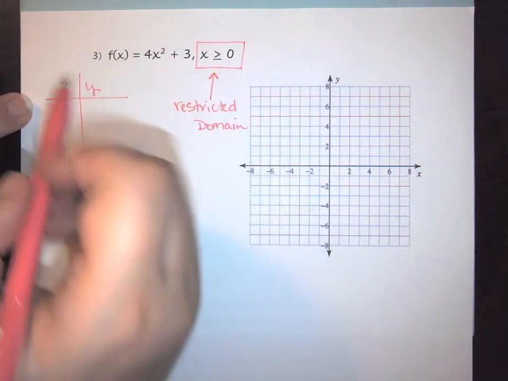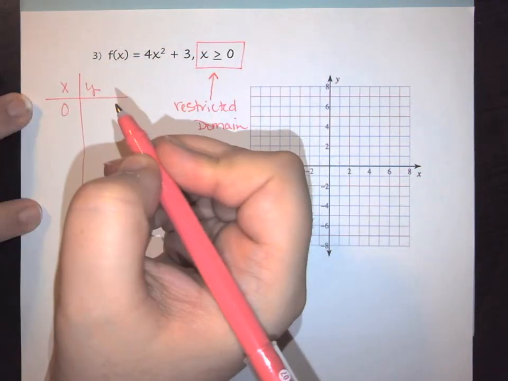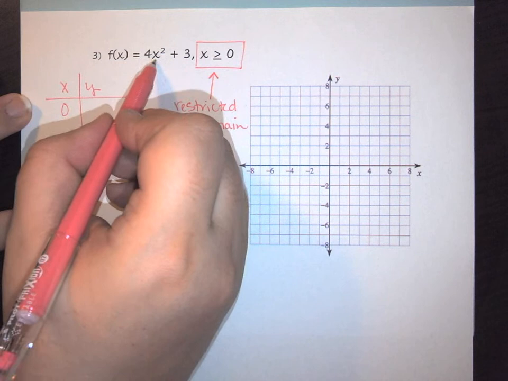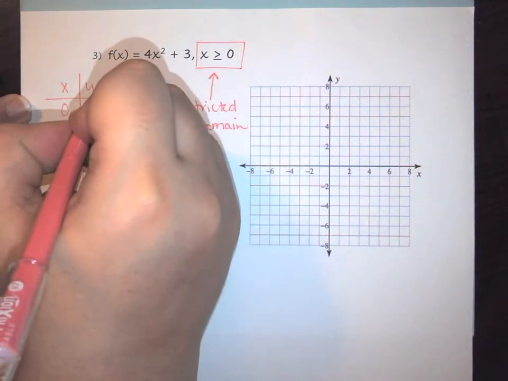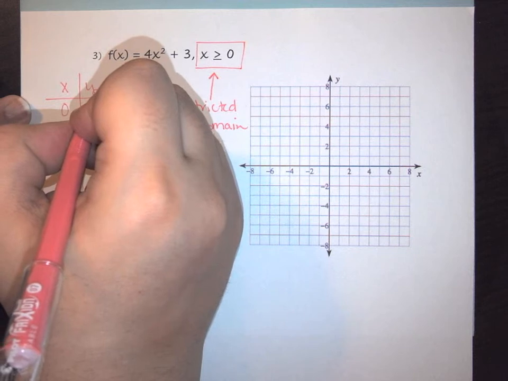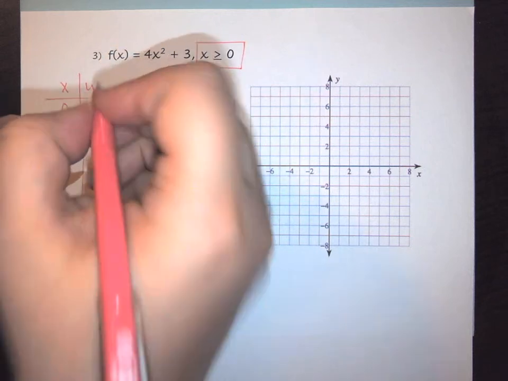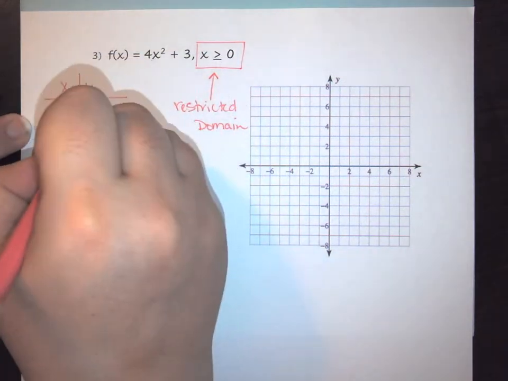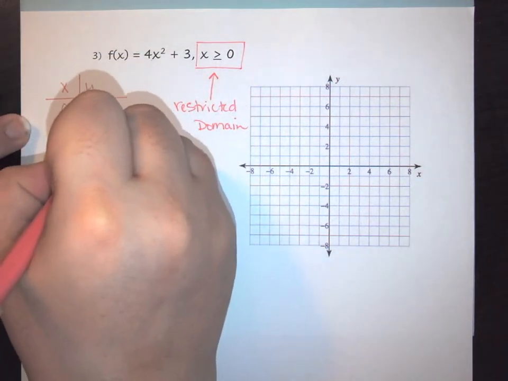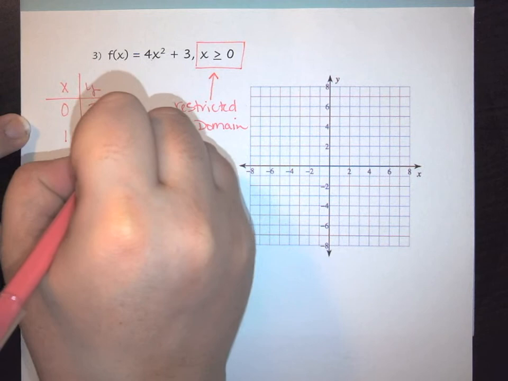And so here we want x greater than or equal to 0, so I'm going to start at 0. 0 squared is 0 times 4 is 0 plus 3. And then I'm going to have the point 1. So here this is 4 times 1 squared plus 3.